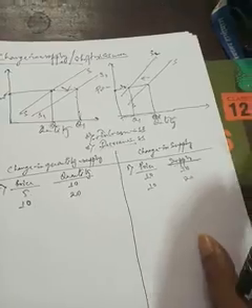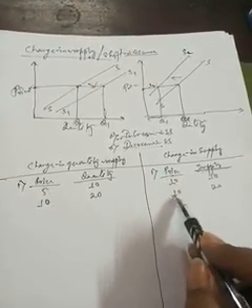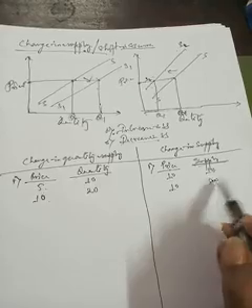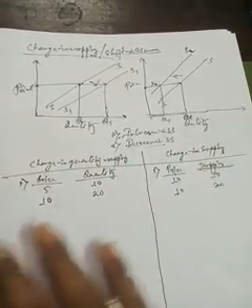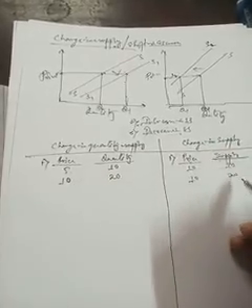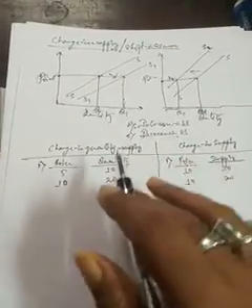So in change in supply, I fix the price at 10 and supply just increases, that means supply shifts rightward. Or if you show your supply decreases, then the supply will shift leftward.